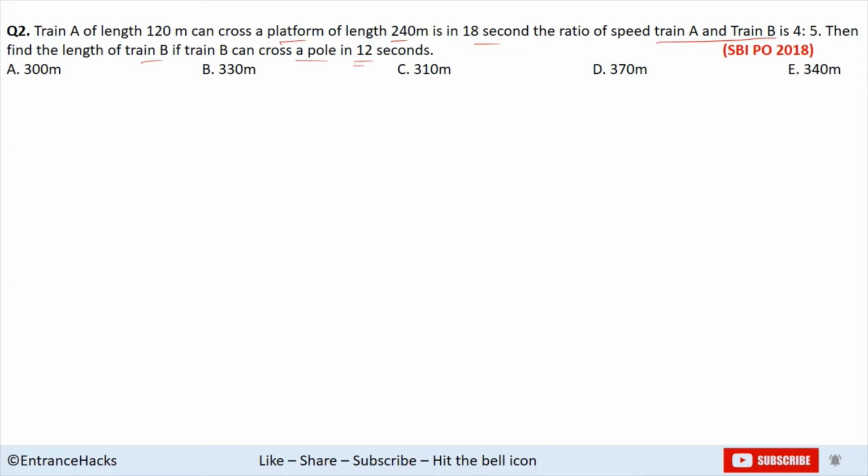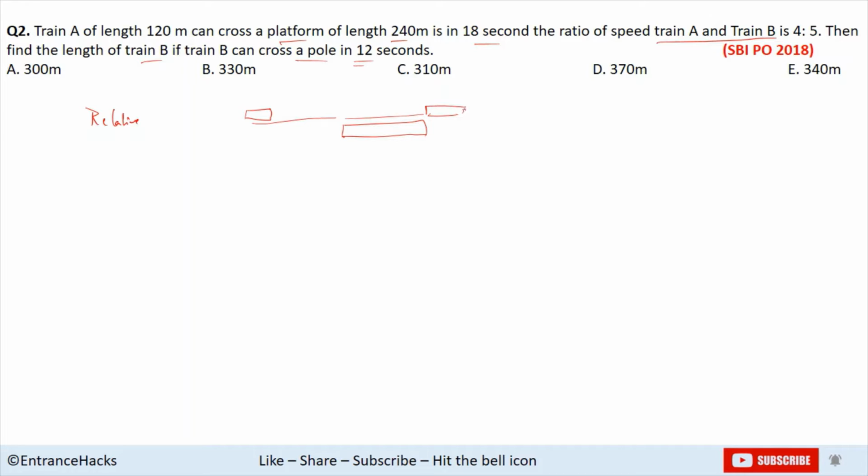So here the relative distance it has to travel is the total length of itself plus the length of the platform, and it is doing that in 18 seconds. See, suppose this is a platform and this is a train, so it has to travel like this. It will be crossing all of this, then it will have to cross its own length.